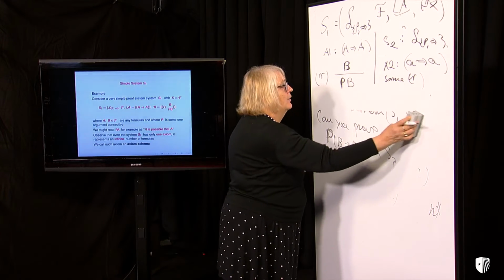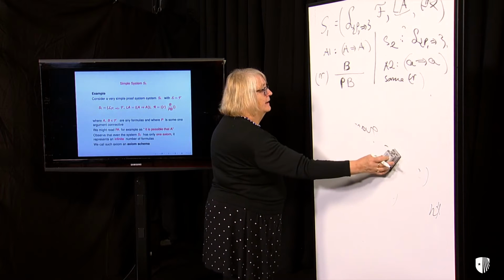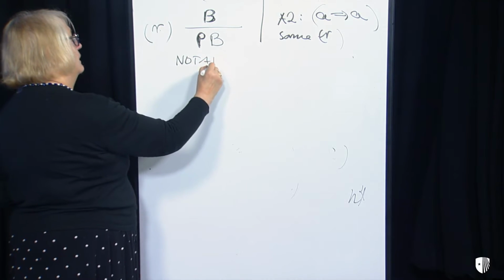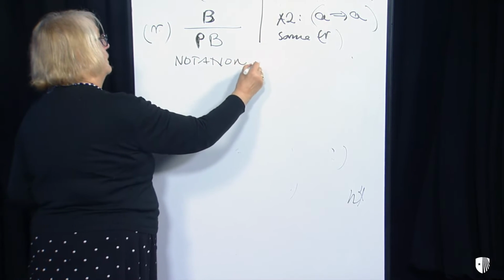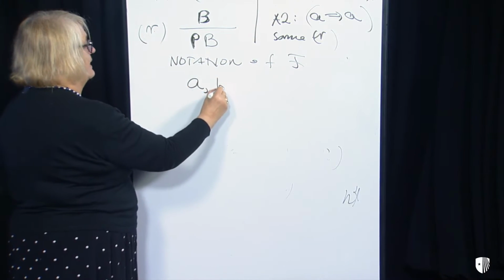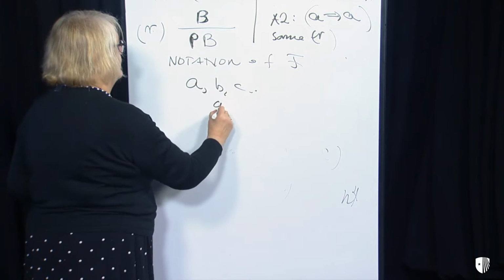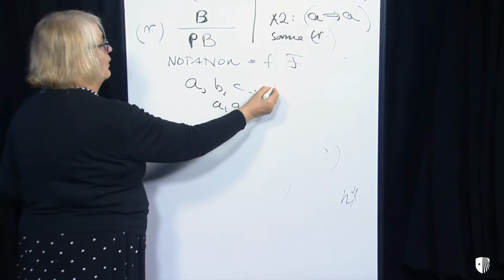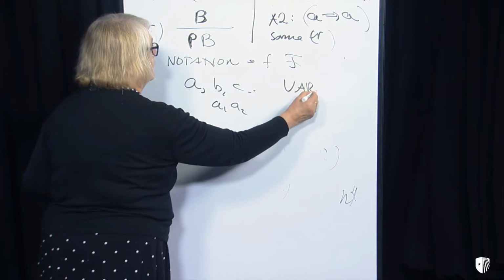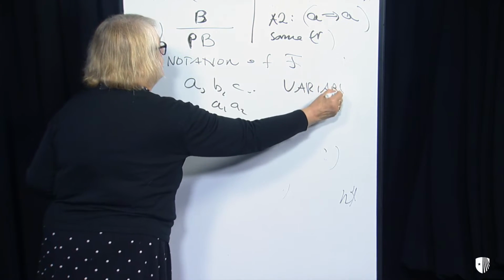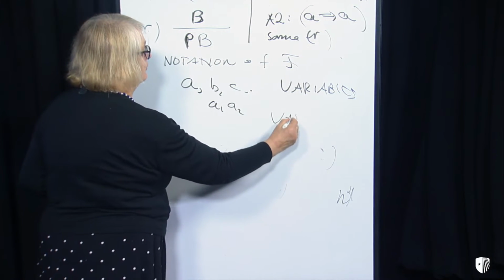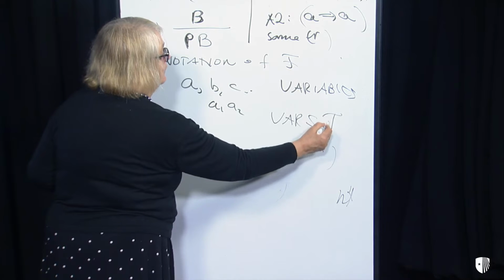So here I'm going back with notation of formulas. We denote A, B, C, A1, A2, small letters are variables, propositional variables. And we know that variables are formulas.